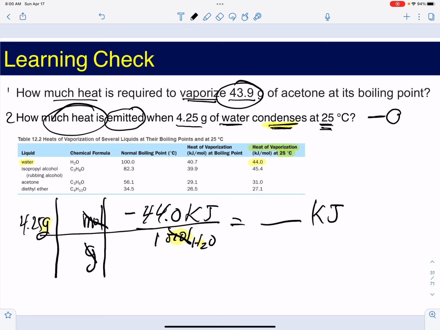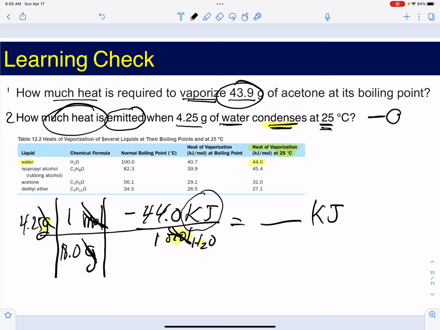So that's kilojoules. And I'm talking about water. So 1 mole of water equals 18.0 grams, right? 1 oxygen and 2 hydrogen, 16 plus 1 plus 1. And grams will cancel with grams, moles will cancel with moles, and all I have left is my kilojoules.